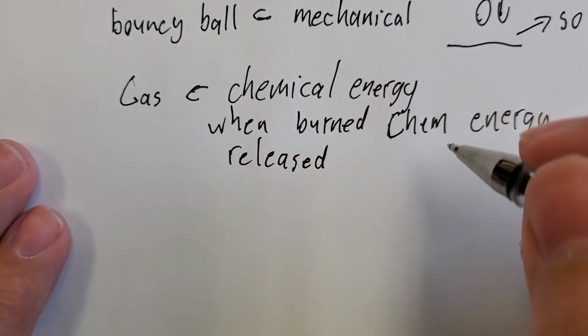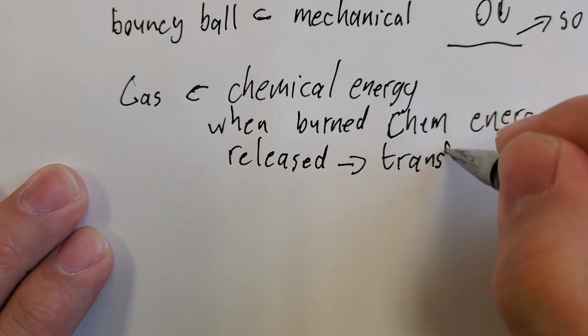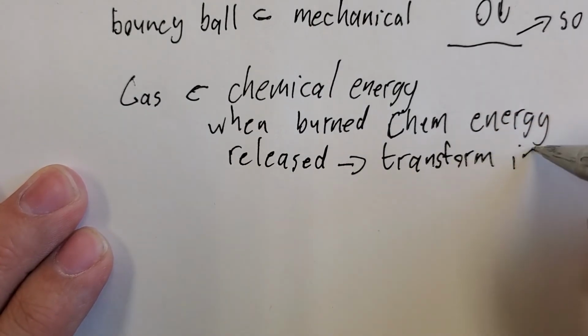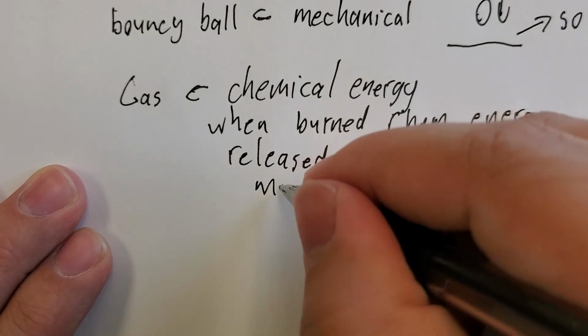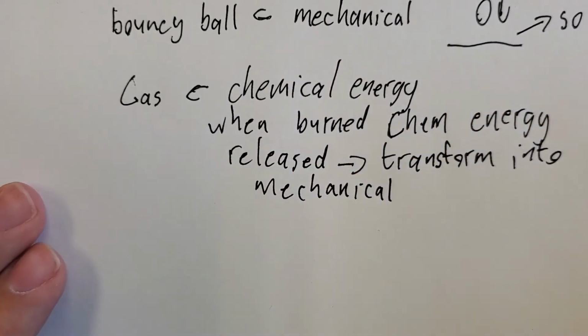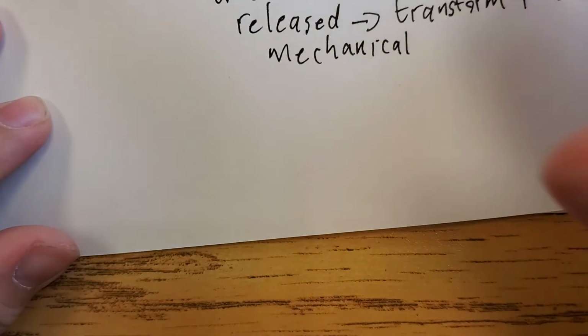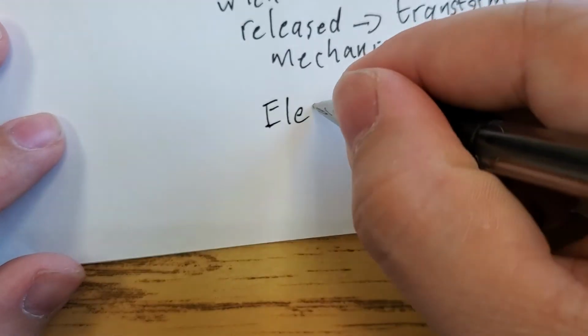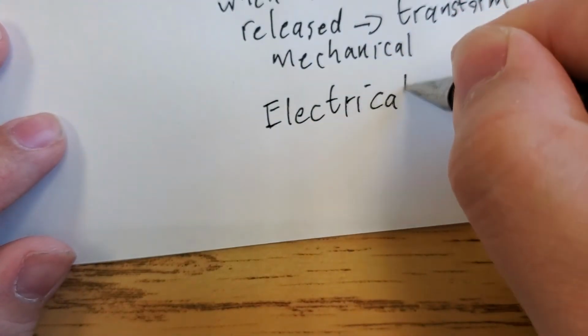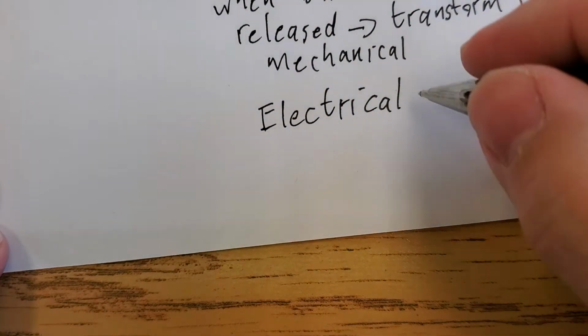And then the parts of your car will transform that energy into mechanical. Okay? One of the big ones, though, has to deal with electrical. That's always the big one. It's very hard to have electrical energy just naturally occurring, and so what we have to do is convert things into electrical more often than not.